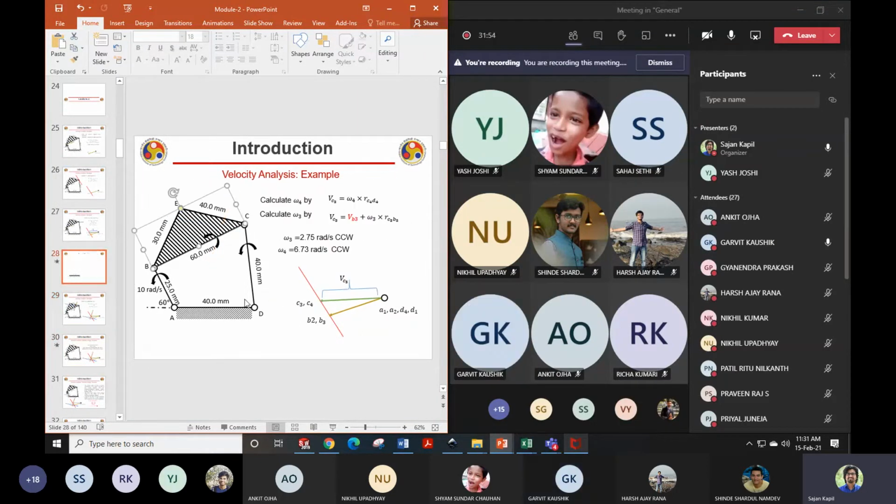Now let all of you calculate the velocity of point E. First, write the equation. I'm going to ask you, on which body is point E? Body number? Ritu?